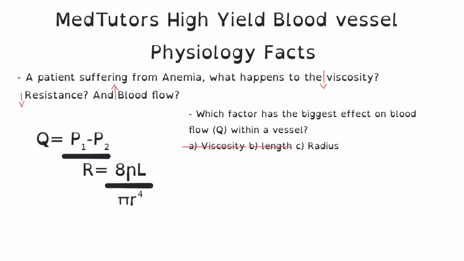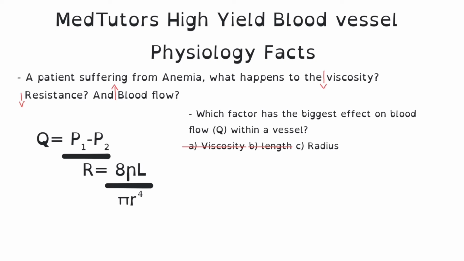Let's take a look at the radius. The radius is going to be raised to its 4th power. Therefore, you're going to multiply the number by itself 4 times.